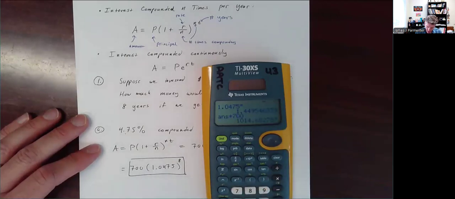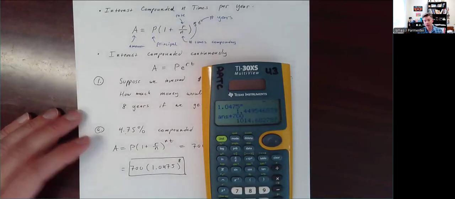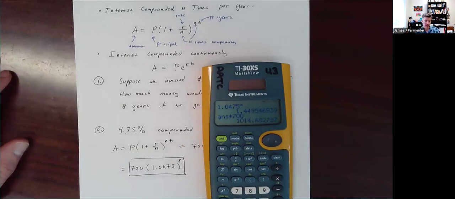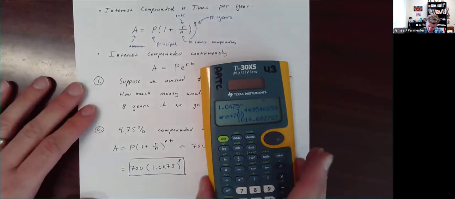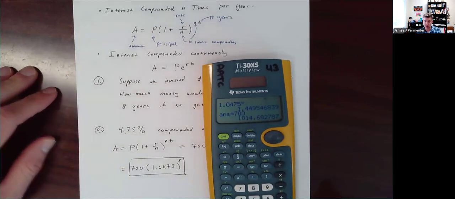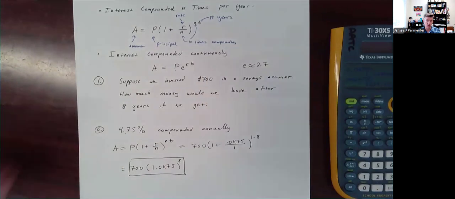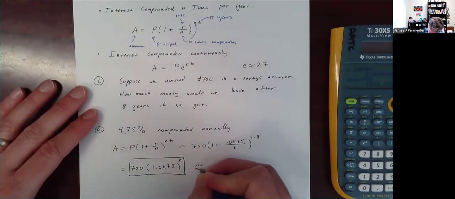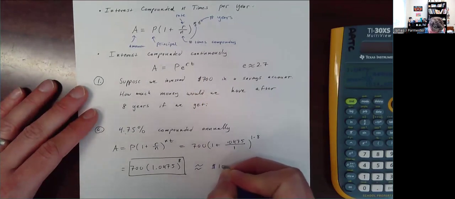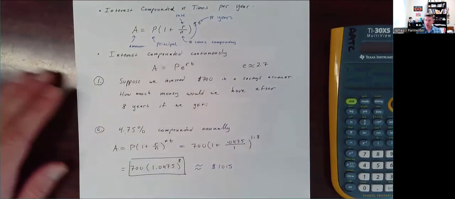And get about $1,014.68. And depending, if we were going to round to the nearest dollar, I'd say it's $1,015. If we're going to round to the nearest cent, I'd say it's $1,014.68. So make sure, if the question doesn't specify, that you read it carefully about what you're being asked to round to. So we're going to say that's approximately $1,015 rounded to the nearest dollar.